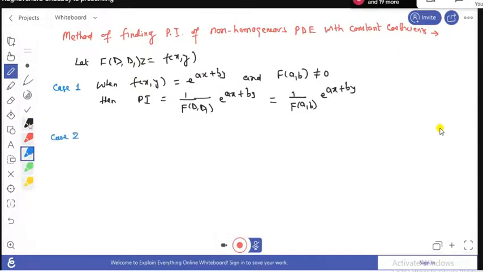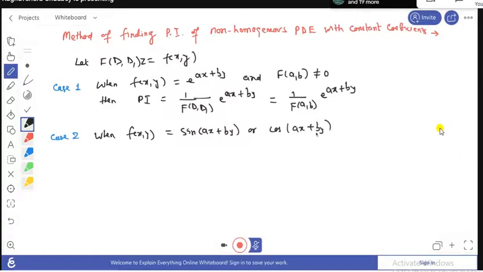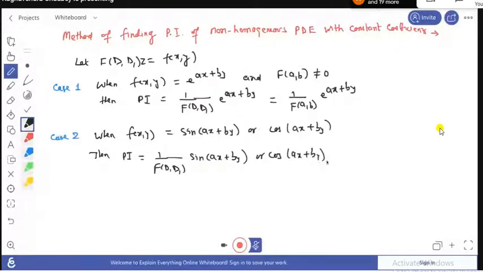Okay, and case 2, when this function is of type sine or cosine function, like this, sine or cos, then our particular integral is 1 upon f(D,D1), and this is sine of ax plus by or cos of ax plus by.